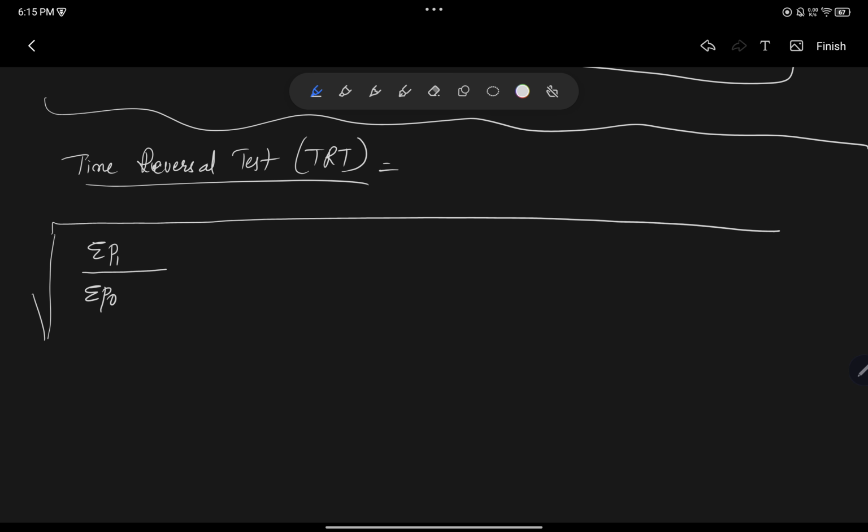Laspeyres has given that formula, and he said quantity is, we will take the quantity of the base year. Okay, this is Laspeyres' formula. Next, what Paasche has given: summation of P1 Q1 over summation of P0 Q1. That means I will focus on the quantity of the current year, not on the quantity of the base year.